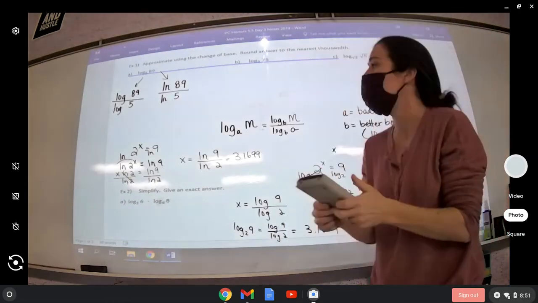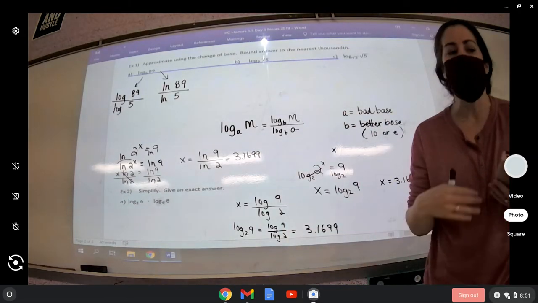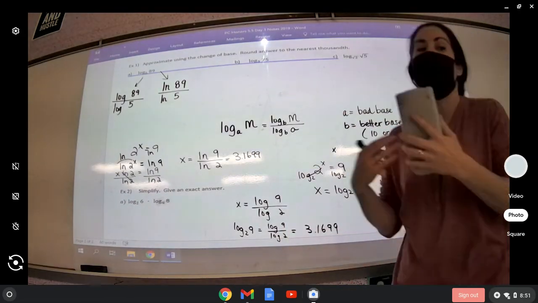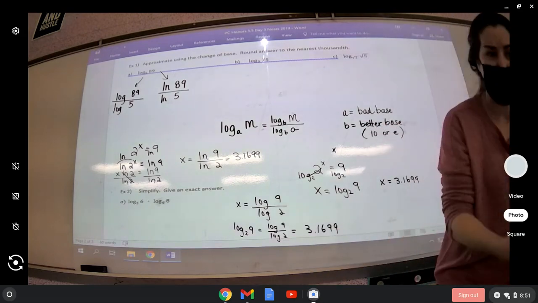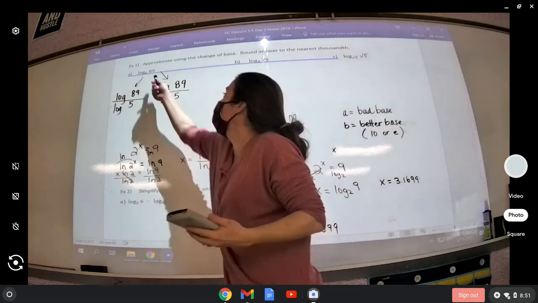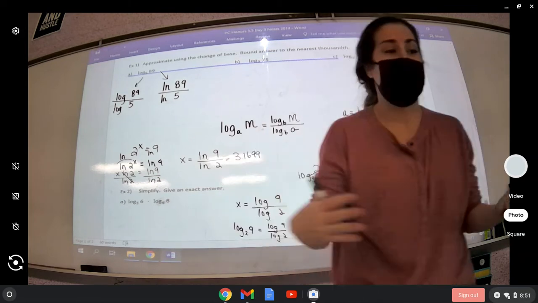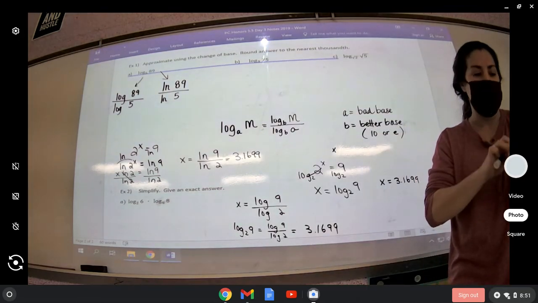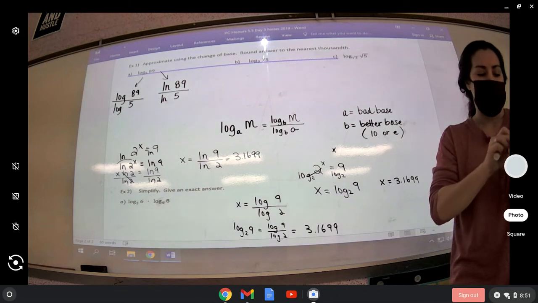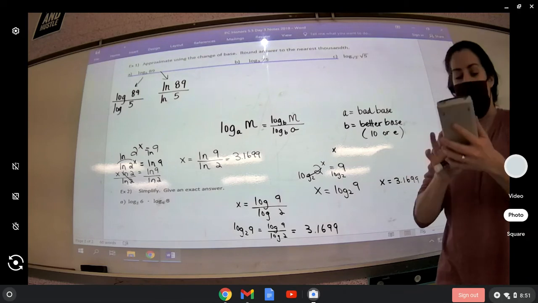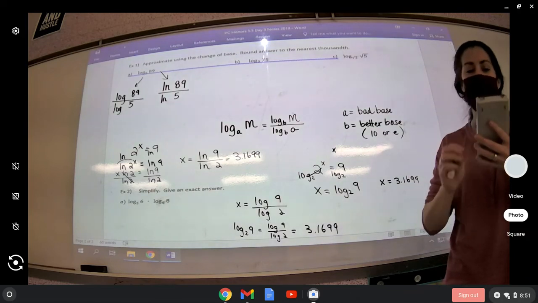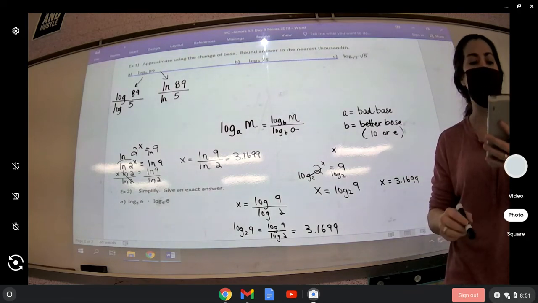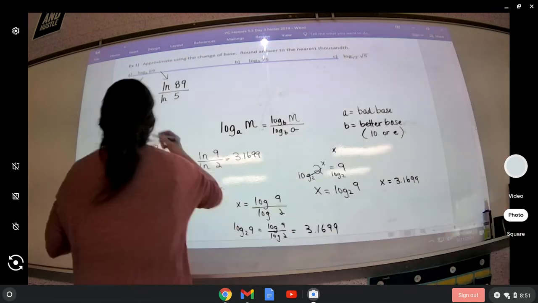So now ask your calculator, what's the log of 89 divided by the log of 5? Or what's the natural log of 89 divided by the natural log of 5? Every single one of these is going to get you the exact same answer because they're all equivalent. Log 89 divided by the log of 5, or the natural log, whichever one you're hitting, and it's about 2.7889.